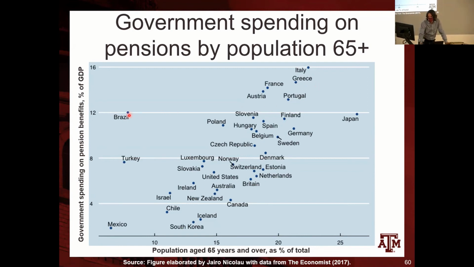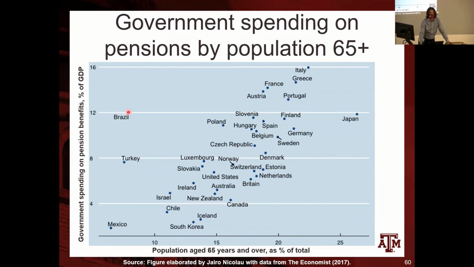Is Brazil. In 2017, around only 5% of the population was at least 65 years old. Fertility is declining in Brazil, mortality is improving, so people are living longer, but still, in 2017, the proportion was only around 5% of people at least 65 years old.